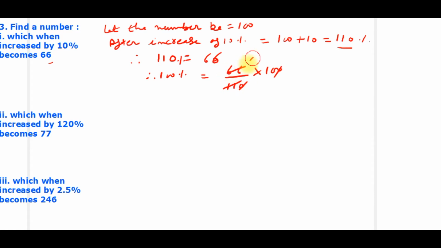So our answer would be, the number is 60. When 60 is increased by 10%, it would become 66. Right?